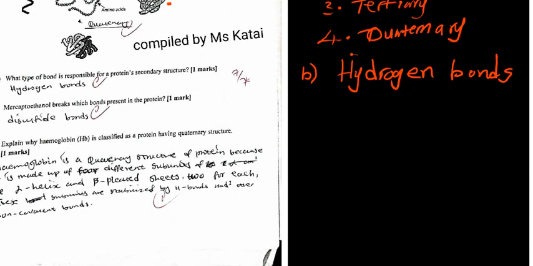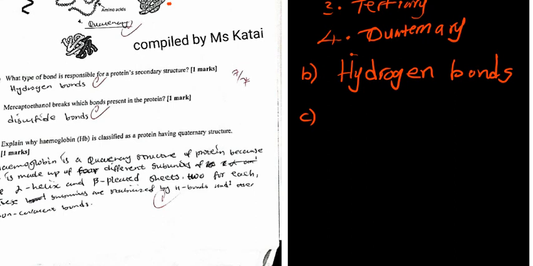So let's go to the other question, which is C. C says, mercaptoethanol breaks which bonds present in the protein? This chemical, mercaptoethanol, is what breaks the disulfide bonds that are found in the tertiary or quaternary structure.